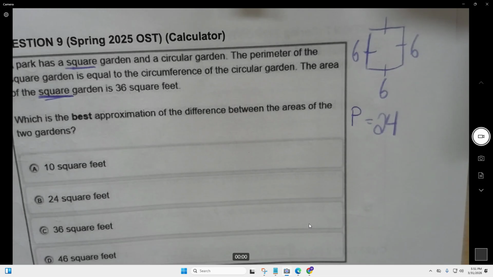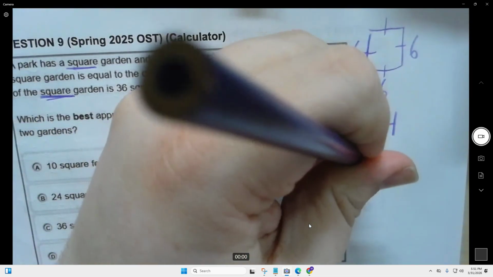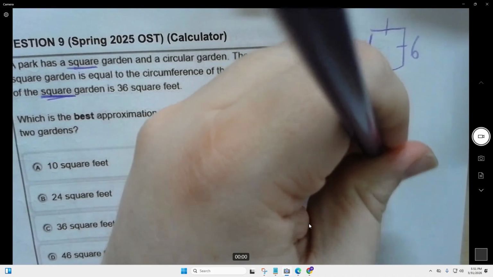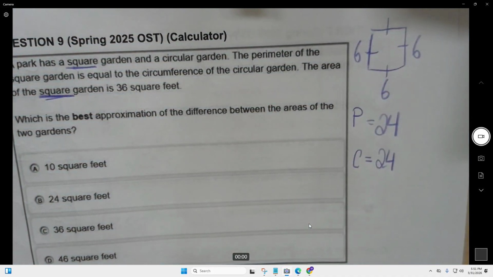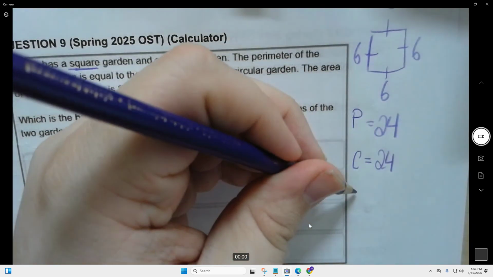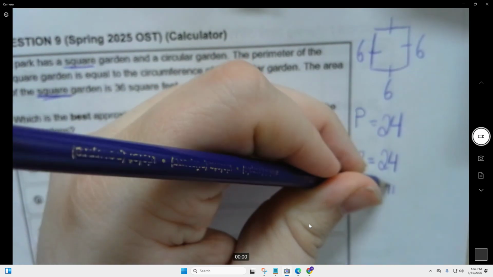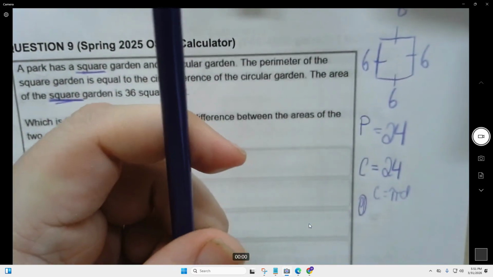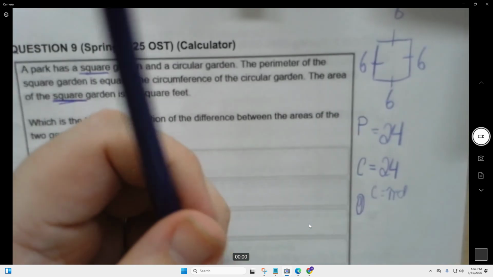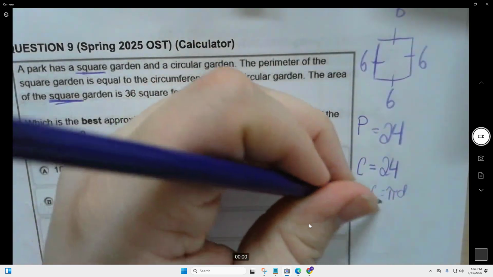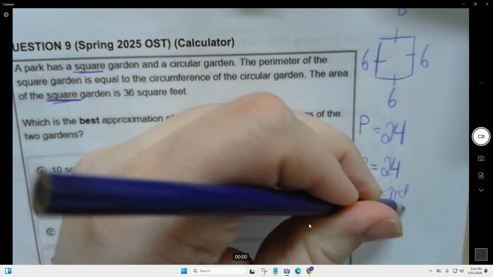So now we know that the circumference is 24. So what can we do with that? Well, if the circumference is 24, we can now plug it into Cherry Pie Delicious. So 24 equals pi times diameter.